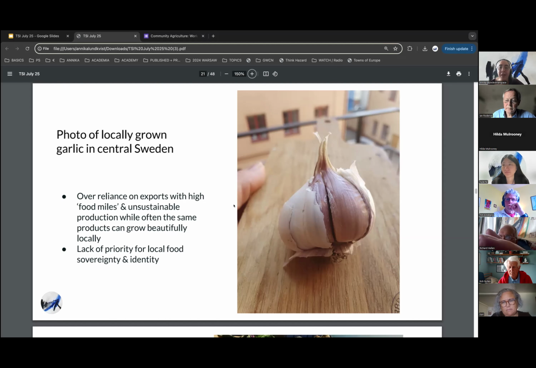And I remember thinking, wow, you go into an average mainstream grocery store in Sweden, and 90% of the garlic is exported from very far away, and you then have locally grown garlic, and it just seems bizarre. This over reliance on exports with high food miles and unsustainable production, while we know that often the same products can grow beautifully locally. So bringing in these questions of local food sovereignty and identity as well.